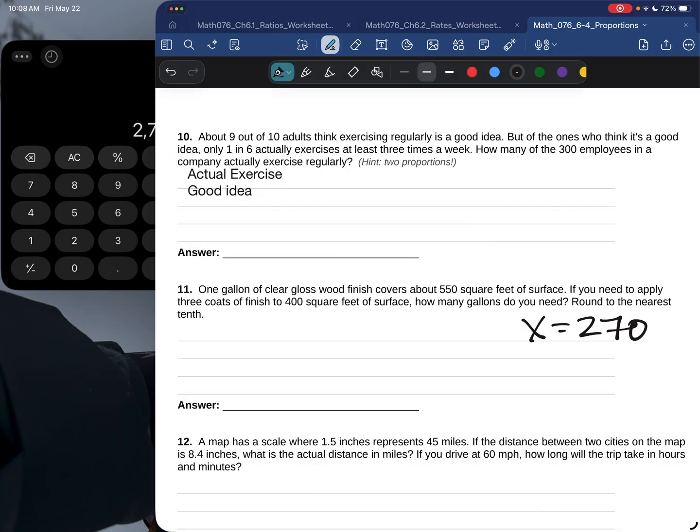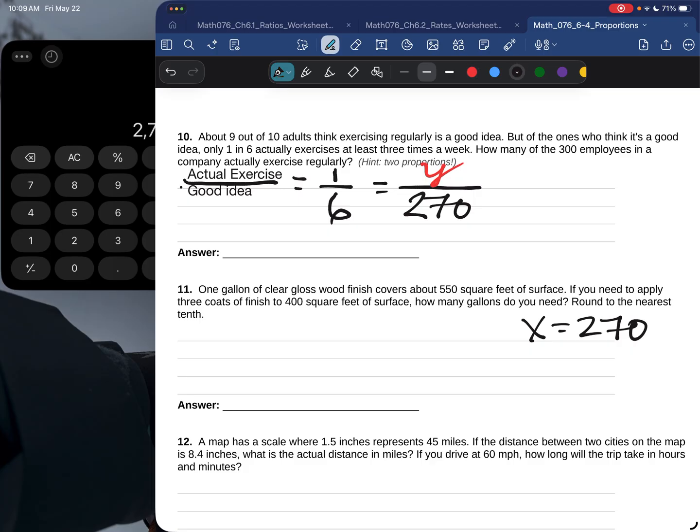It says 1 in 6 actually exercise. 1 exercises over 6. And then this 270 was my people who thought it was a good idea. And I'm going to put in y for the ones who actually exercise.